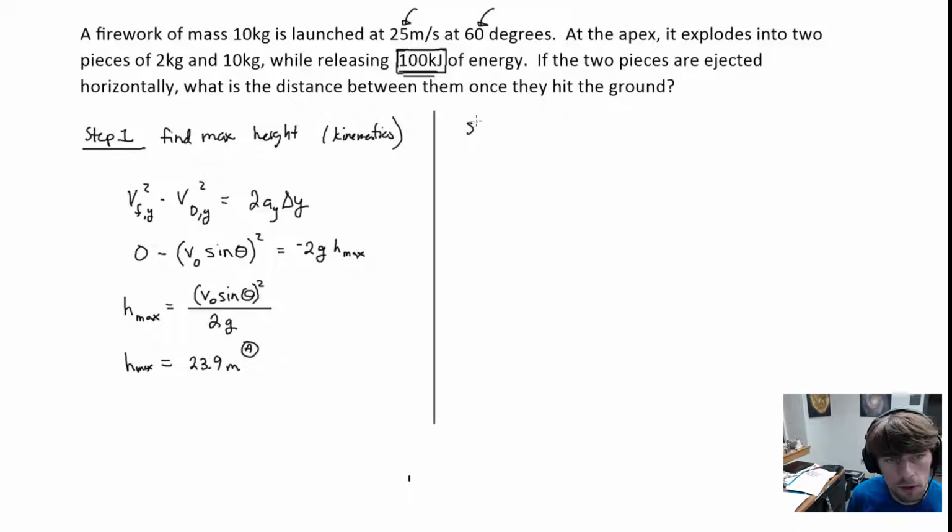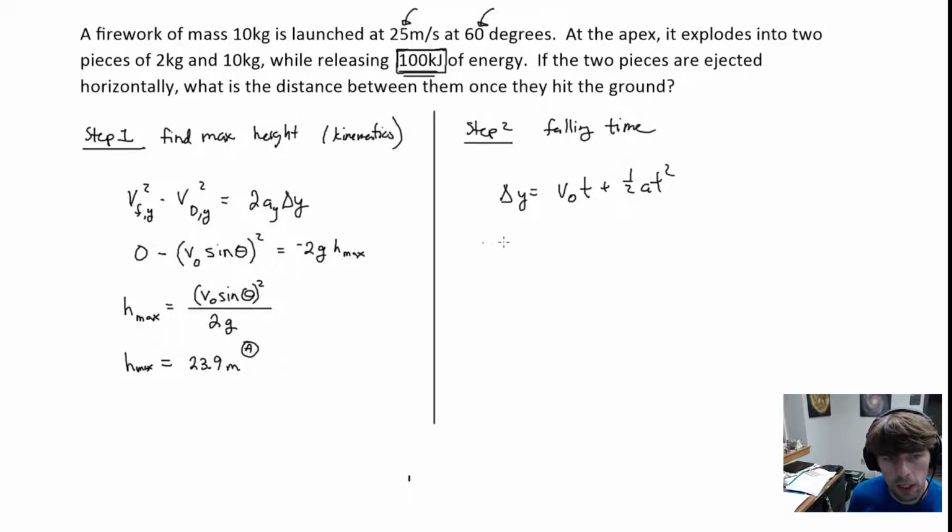So step 2. Falling time. Again, I'll let you have a second to see if you can come up with this. Got it? There's at least 2 different ways to go at this. I will go for the one that seems to make more sense to me. I'll just say delta y is equal to V naught t plus 1/2 at squared.